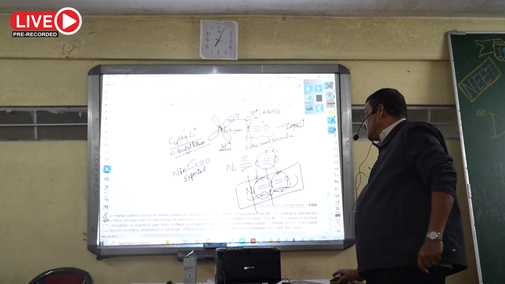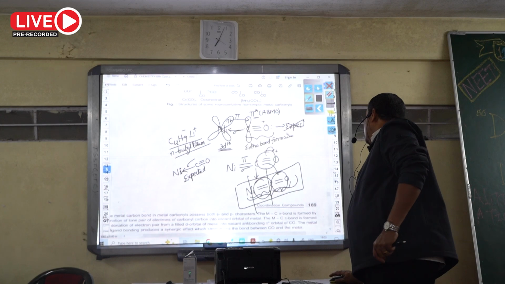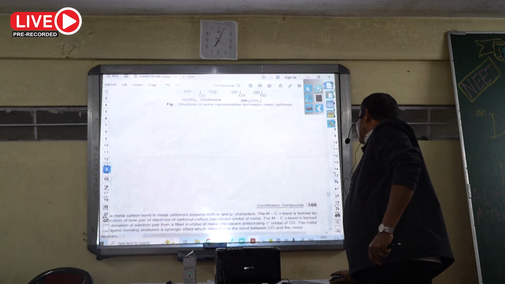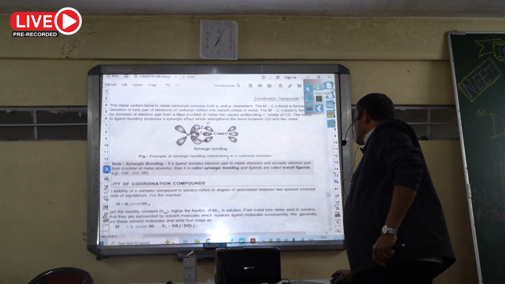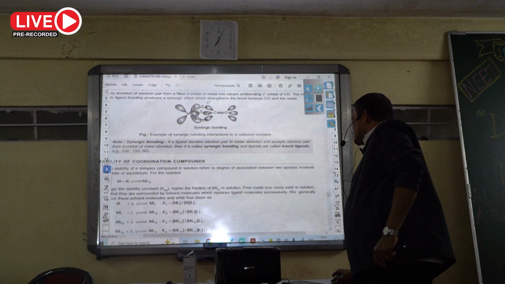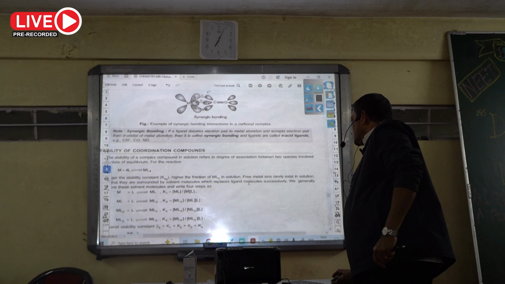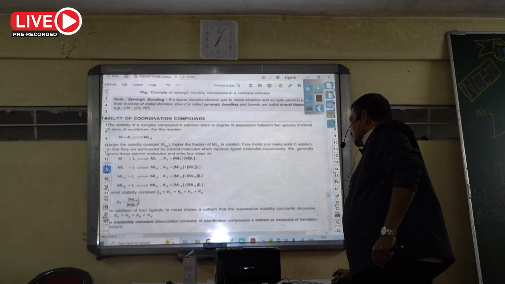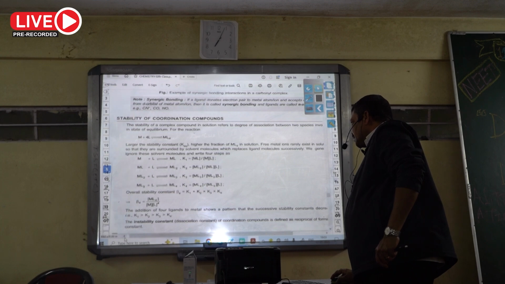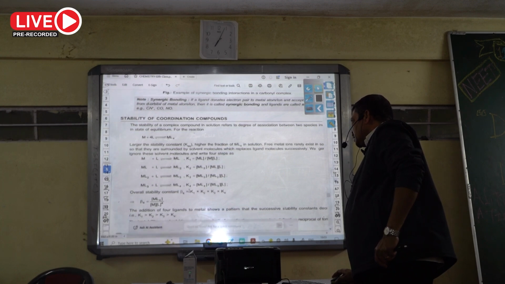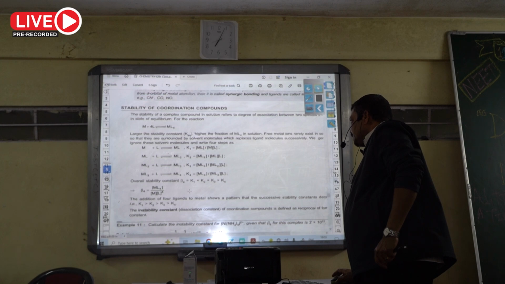Okay, now after this metal carbonyls, synergic effect is already discussed. Stability of coordination compounds. This is the last point in this chapter.